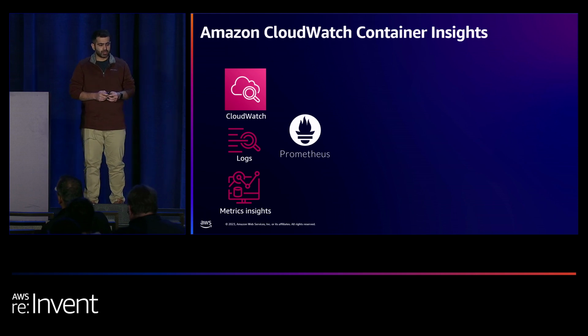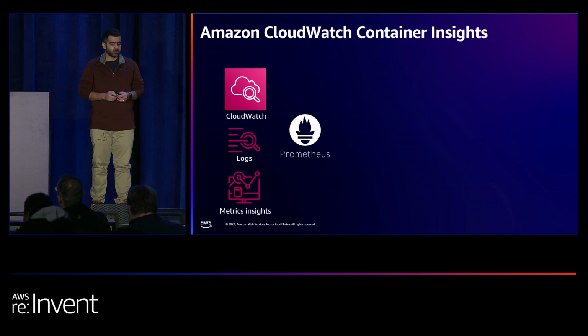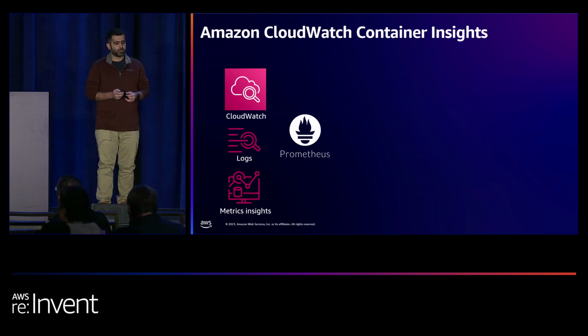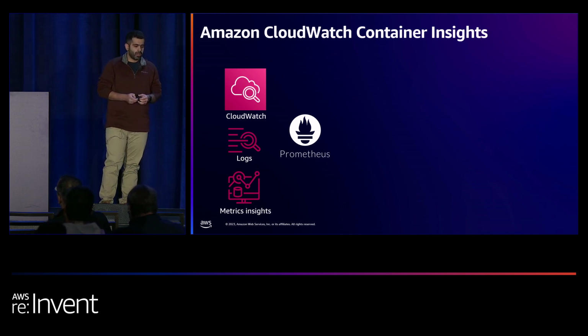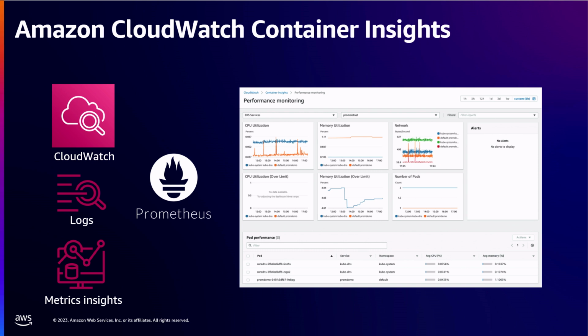Similarly, they can run these insights to scrape metrics from your workload related to resource utilization on the nodes, pods, network performance, and status of your nodes. CloudWatch also allows you to have pre-built dashboards for metrics, giving you a single pane of glass for all your metrics. Also, you can publish all these metrics to Amazon Managed Prometheus through the agentless feature, which was just announced a couple of days ago.